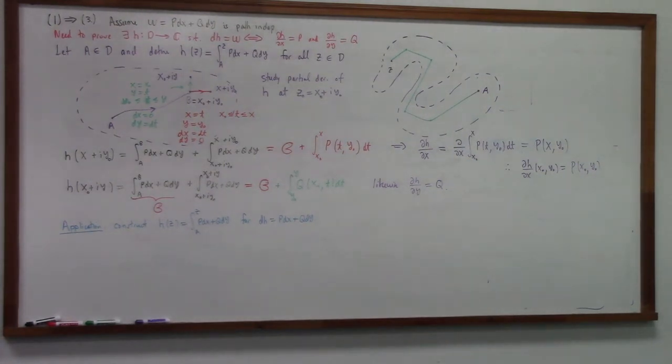All right, so this one involves a sneaky little picture. So try to set it up for us. So here we have here's our point A, right? And here's our point Z naught.